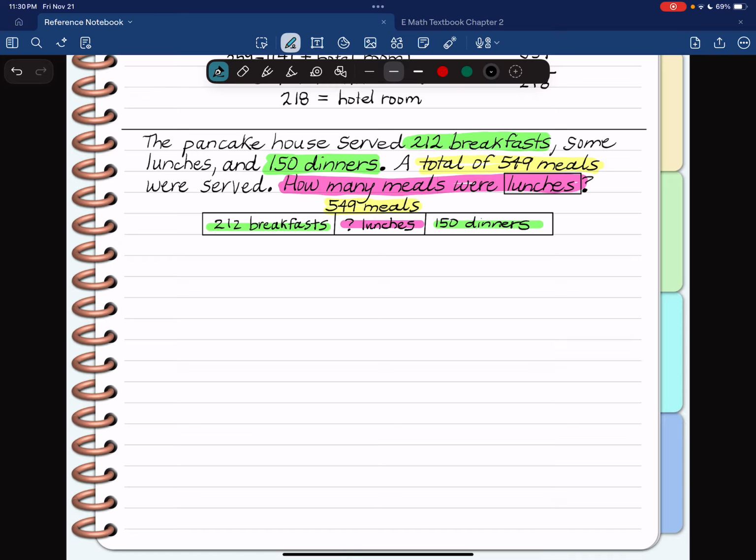So what we would do, we would say the total. Let me think how to front. I'm just going to use the same method as I did before. In my parentheses, I'm going to put my breakfasts and my lunches and my dinners.